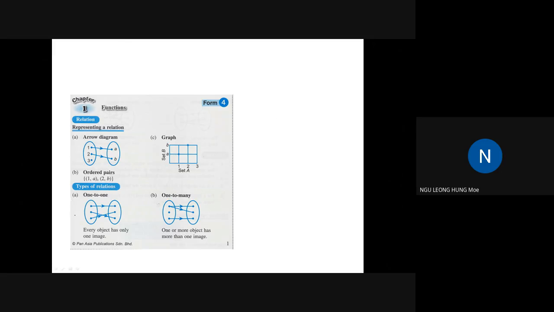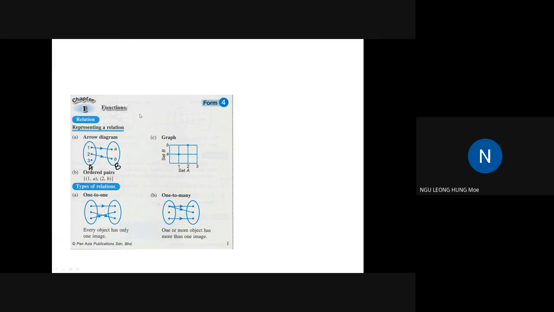Function. Kalau saya pergi terlalu cepat, you bagi tahu saya. Okay, revision only. For the function, if this one is A, this one is B, so you have to identify which one is domain, codomain, image, object, and the range.